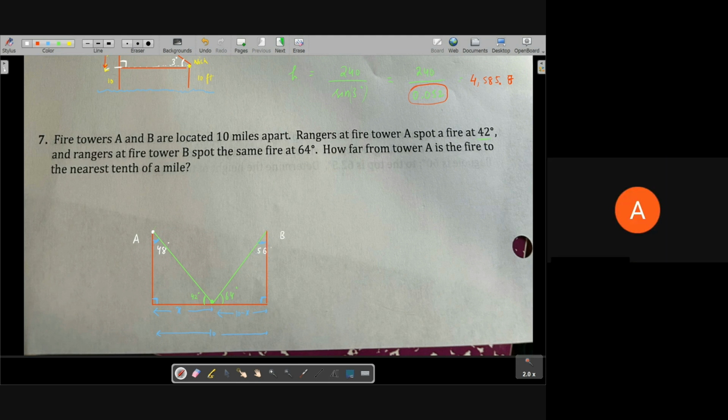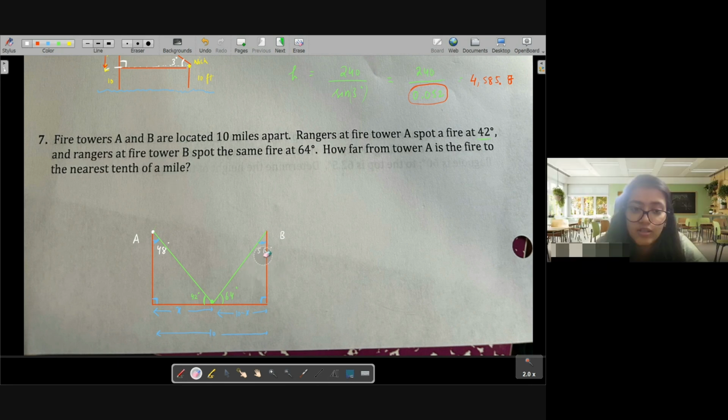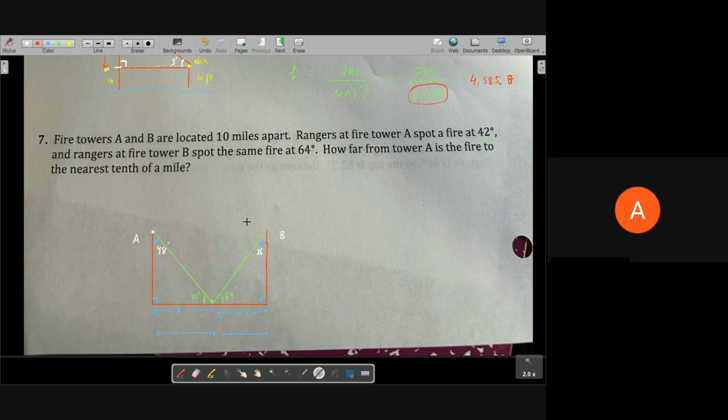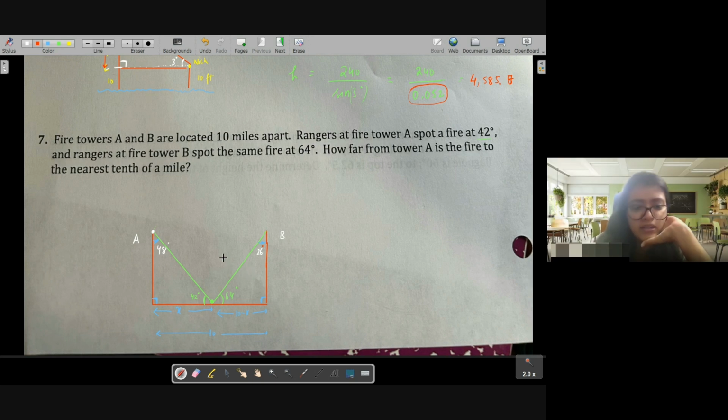And then we can do law of sines. No, we can't do that. No, wait, we can, can't we? Yeah, we can. This is going to be 26, sorry. Law of sines? You can do that. You can also do trigonometry.